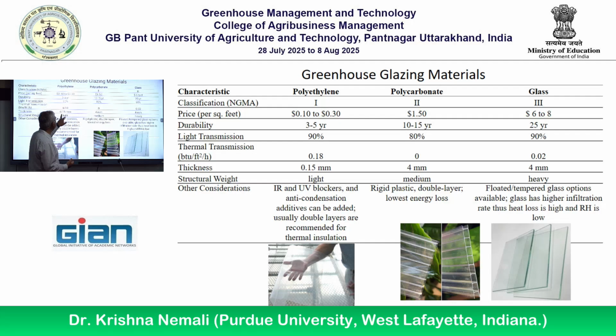But what I'm trying to say here is that if you heat a greenhouse covered with polyethylene, that greenhouse loses heat quickly compared to either glass or polycarbonate. Polyethylene has a very high thermal transmission, 0.18 versus pretty much nothing for polycarbonate, and a pretty small number for glass. Compared to those, this number is much bigger.